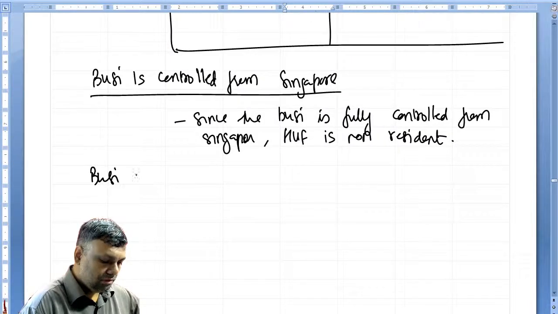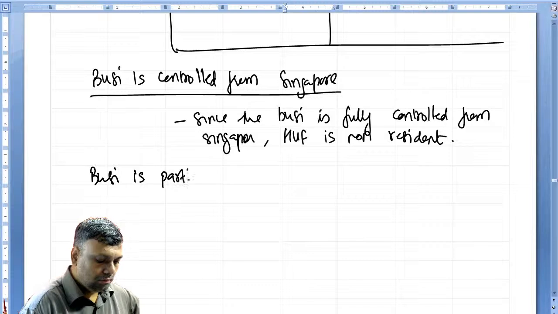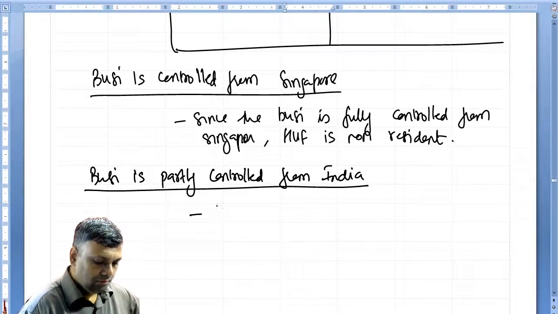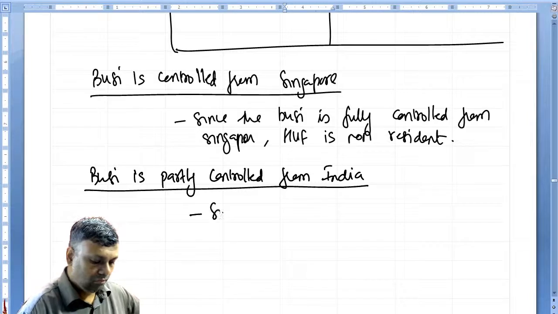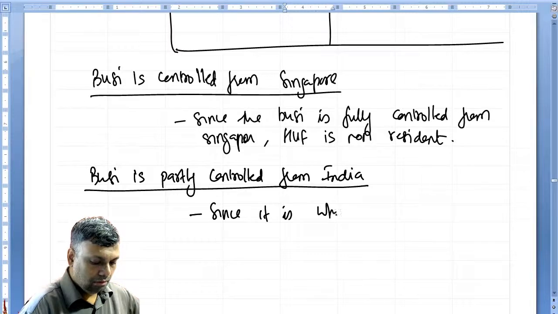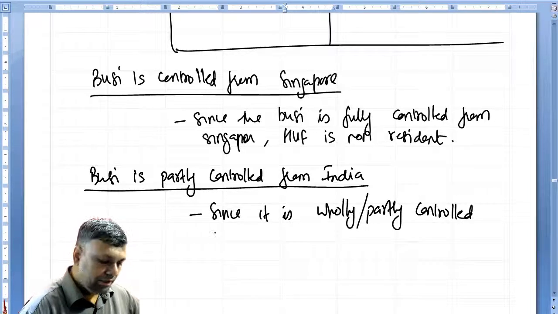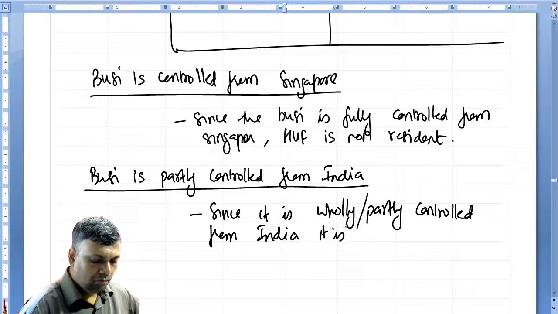If the business is partly controlled from India, since it is wholly or partly controlled from India, it is resident.